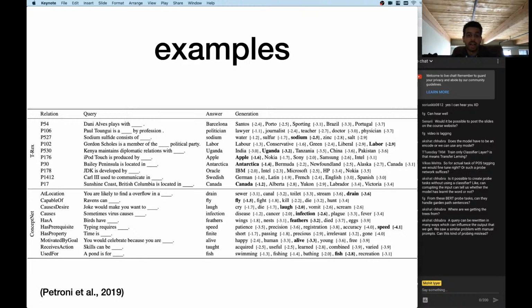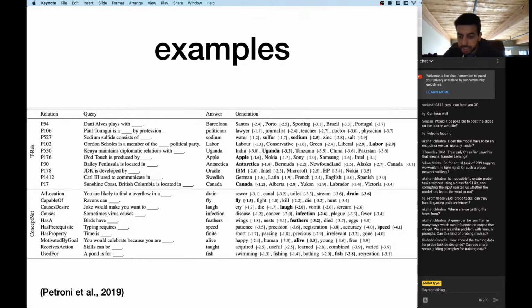That would indicate that the problem is not in the model, but in the template that is being used. The model might be able to understand one phrasing better than another. So yeah, that's definitely a problem. I think people have dealt with this by making multiple templates and aggregating over those, or using paraphrase type models. But yeah, definitely a good question. It could definitely mislead if you're using just a single template.